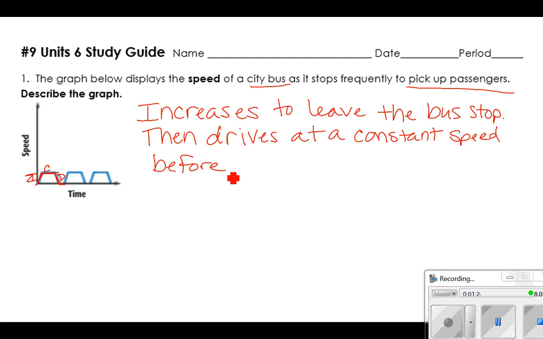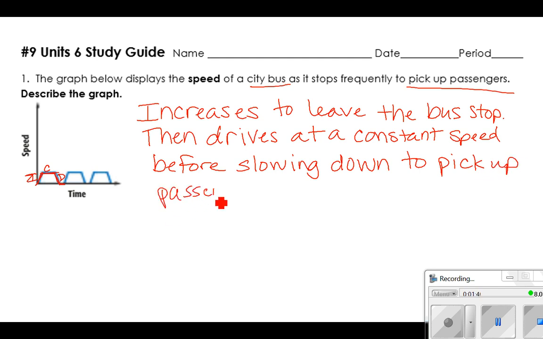So it then drives at a constant speed before slowing down to pick up passengers. And right here, where it's at another constant, that's where it stops to pick up the passengers.